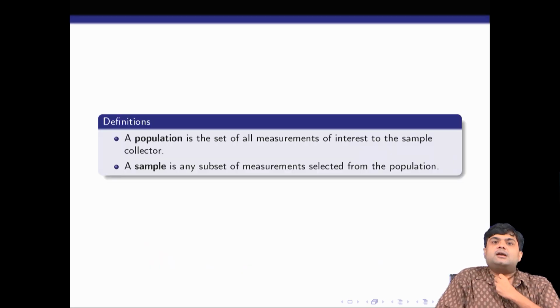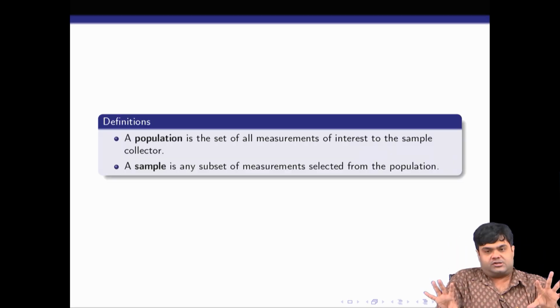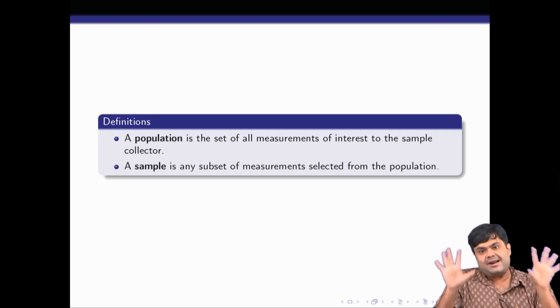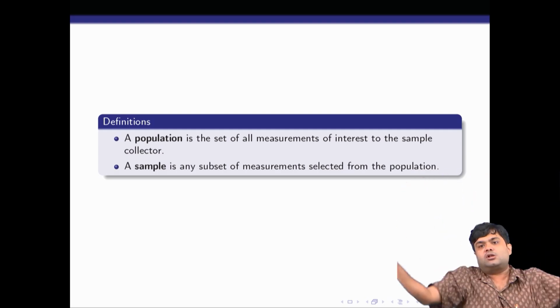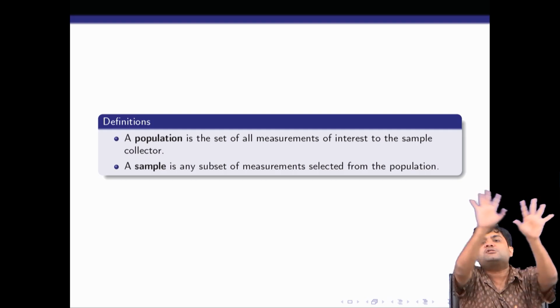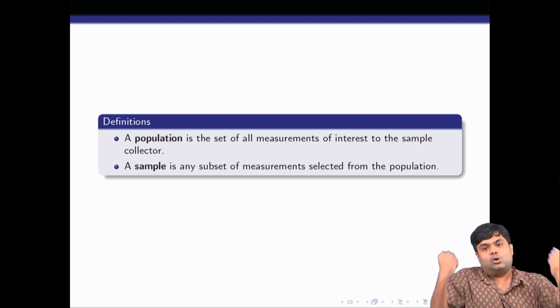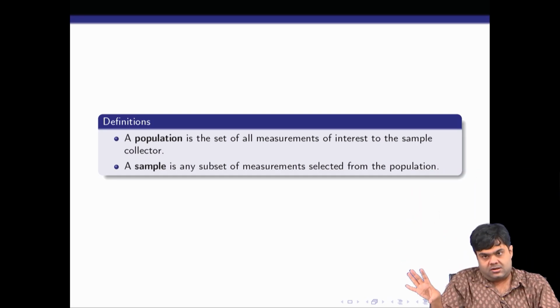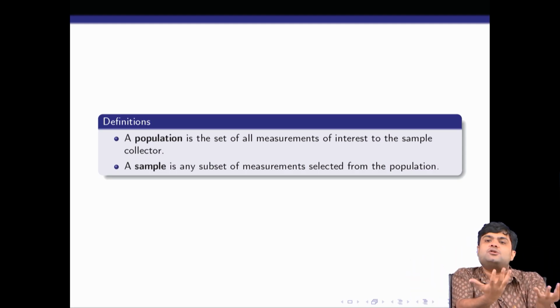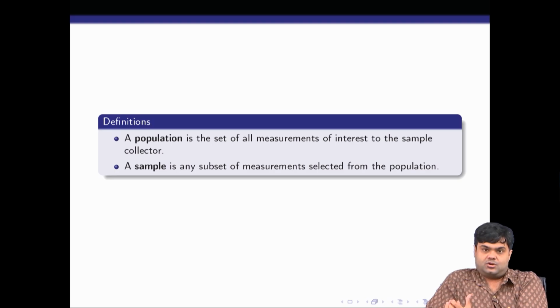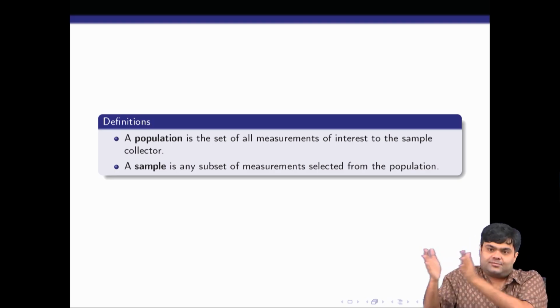So in the whole process, fundamentally you have the ambit of all possible measurements, the ambit of the unknown, which is called the population. You are trying to understand that based on a sample collected, which is the actual measurements you have done.